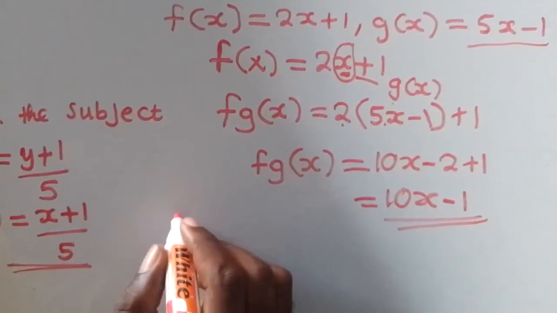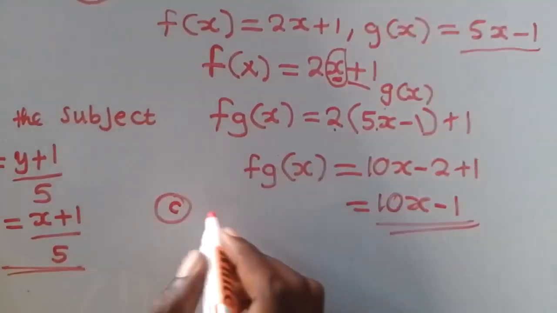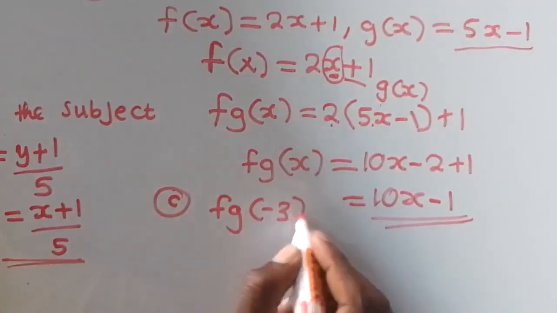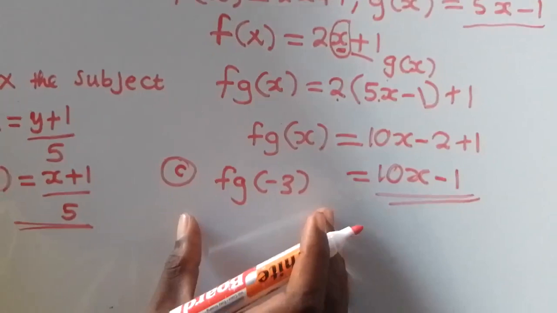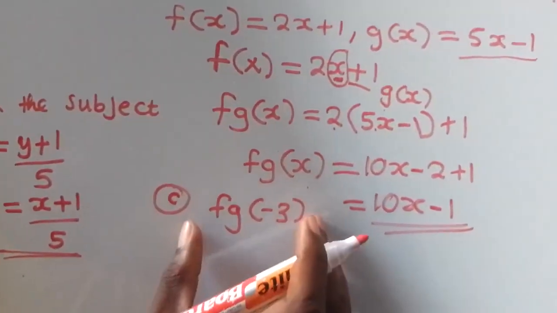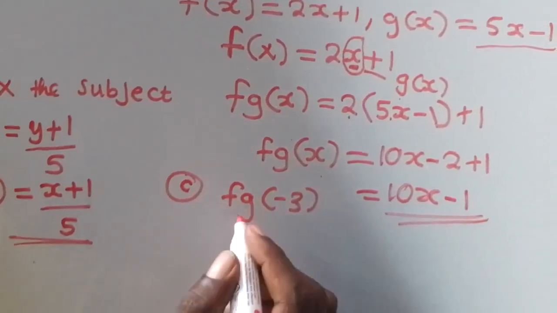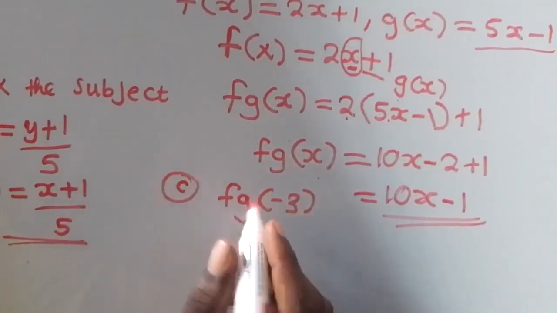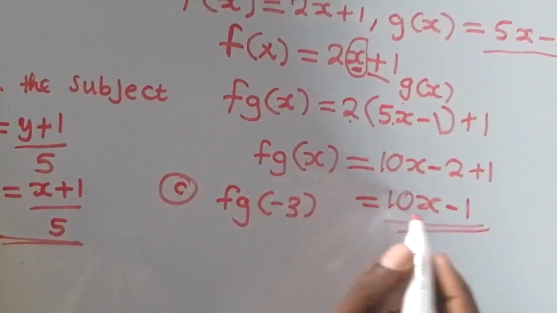So we proceed, we go to the last one now, where we are told to find fg of negative 3. So the first thing that should come to your mind: do you have this function fg? Yes, it's this one.